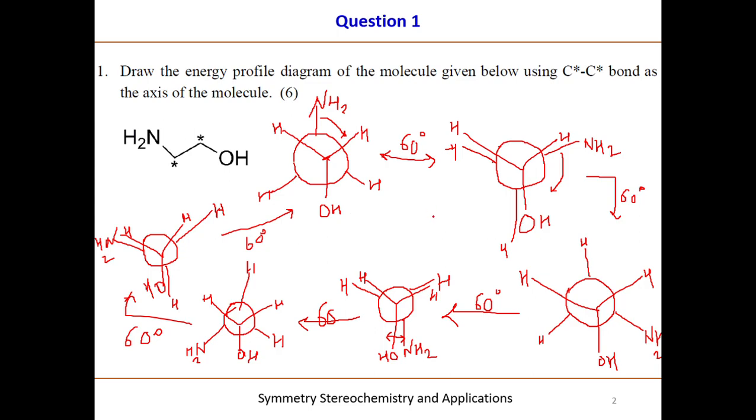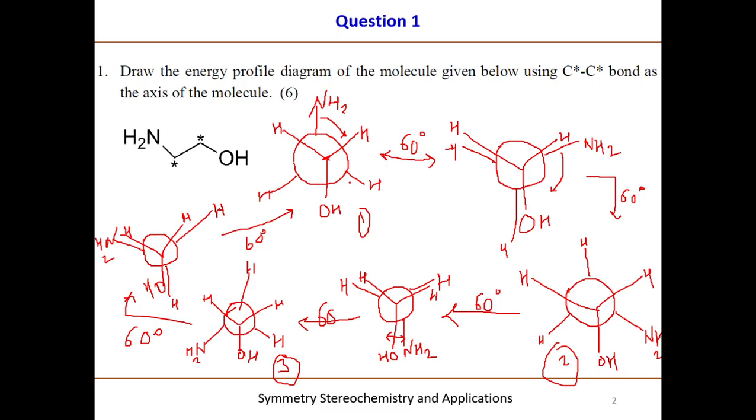Now we have to find out which staggered is more stable and which eclipsed is least stable. Now you can see how many staggered conformations we have in this molecule. This is 1, this one is 2, and here it is 3. In these 3 conformations, you can see here in 1 we have NH2 and OH group apart from each other by 180 degrees.